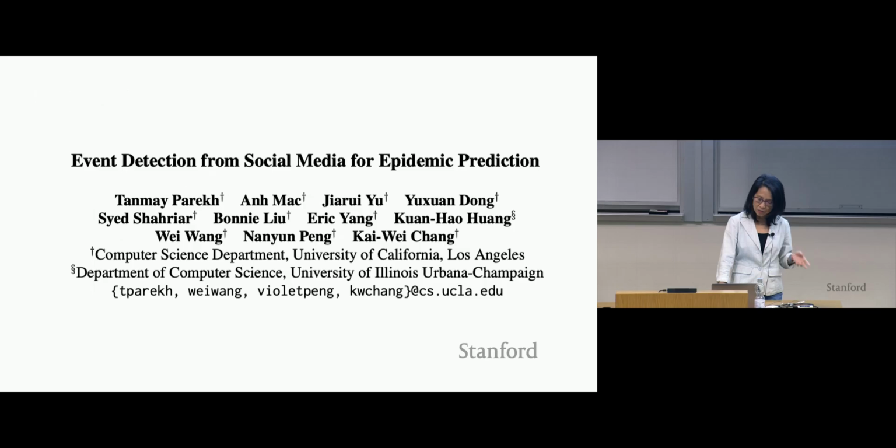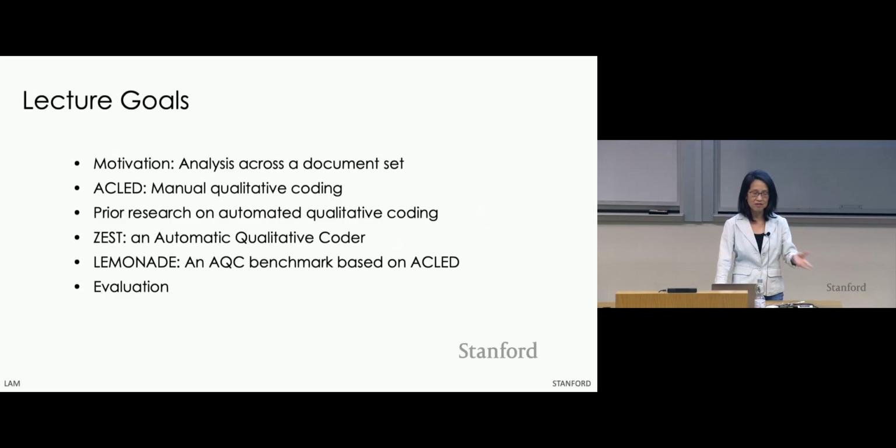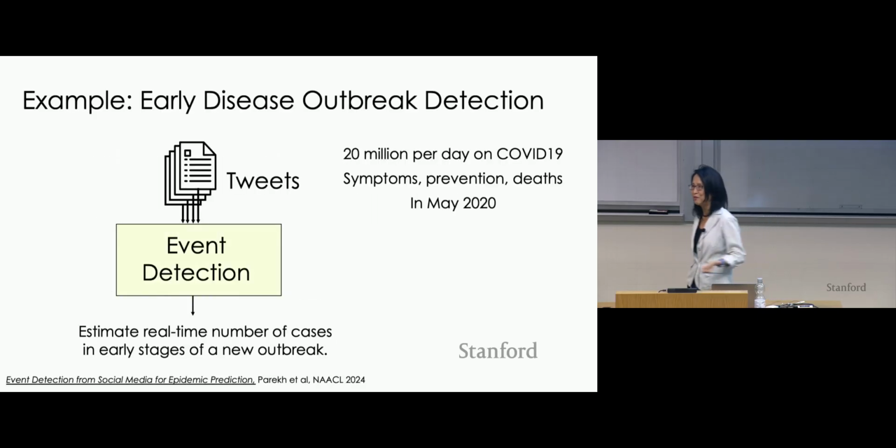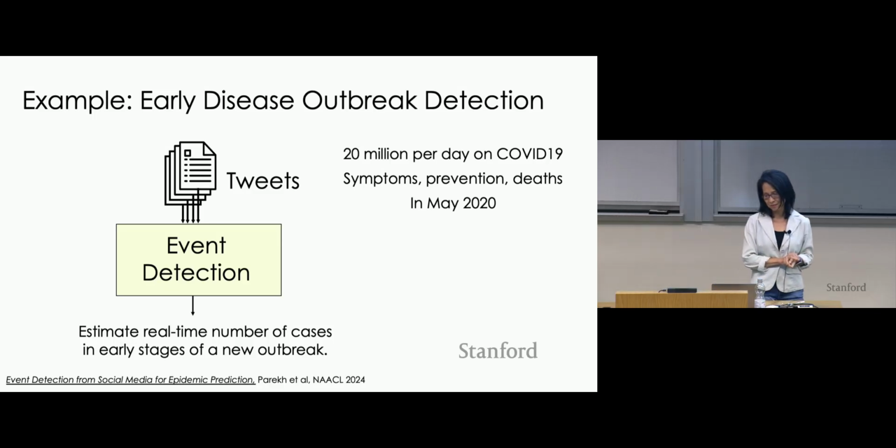So there are lots of work on event detection or analyzing data set, but this is a very interesting one that I want to pull out to use as a driving example. So this group of people were looking at event detection from social media for epidemic prediction. Well, we all just lived through COVID, and at the time, when it was new, in May 2020, there were really 20 million tweets a day talking about COVID, okay?